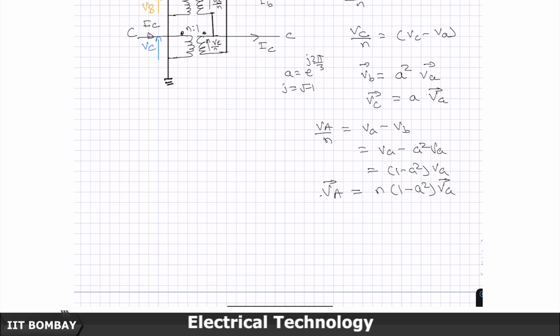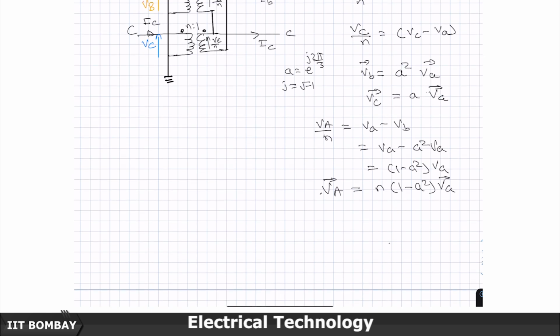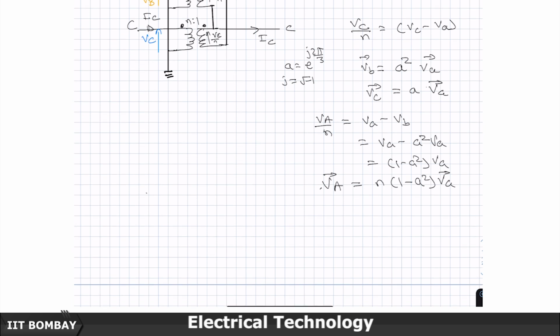Now, if this is 1, let me do the geometry on this side. If this is 1 at angle 0, this is A and this is A square.